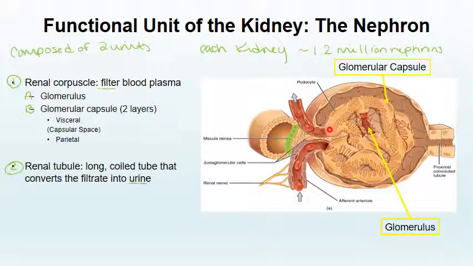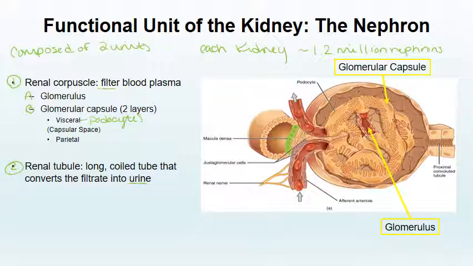Podocytes are pretty big cells that have leg-like extensions, and they form part of our filtration membrane. They wrap around the blood vessels, and that is the visceral layer of the glomerular capsule. Let me write this in here. It's visceral because it's actually touching the organ, and the organ we're talking about here is the glomerulus.